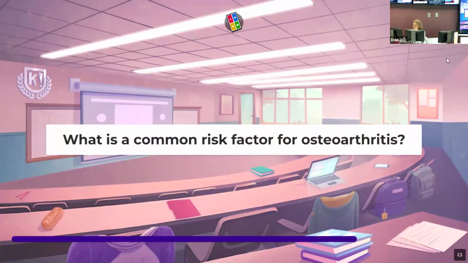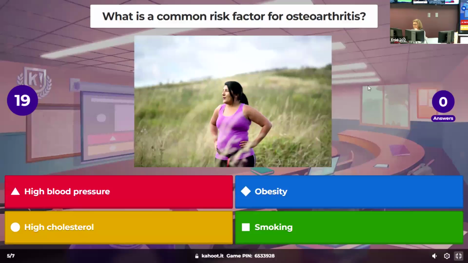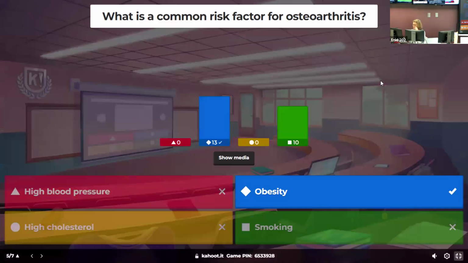Risk factor for osteo. Smoking. Obesity. I know a lot of you said smoking, which can be as well, but obesity is the most common.